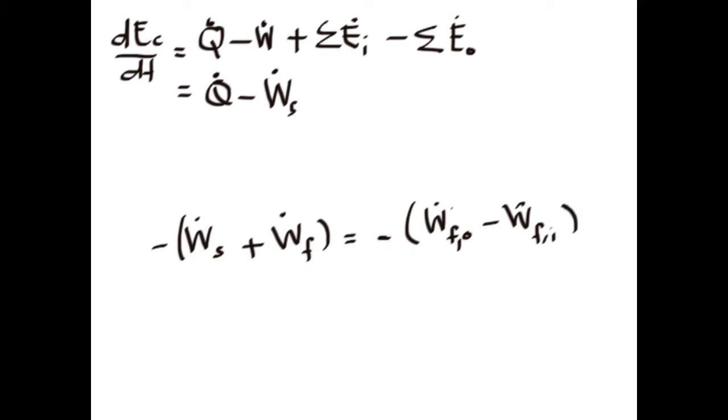So flow work at the inlet is a plus, flow work at the outlet should be a minus. So when you put it here, you put it together with the energy, because energy also has inlet and outlet components.